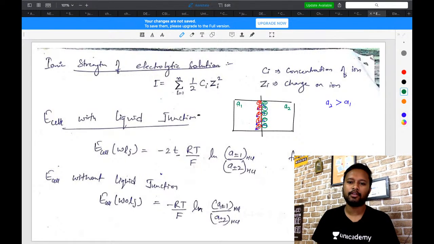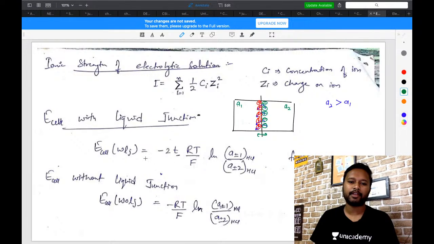They cannot jump from here across the junction, because of the difference in the activities. They will just stay like that. And because positive ions and negative ions are both staying near each other, they are going to develop a potential, and that potential is called the liquid junction potential. So this is the liquid junction potential.